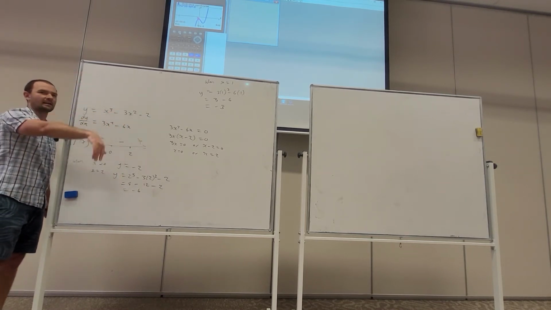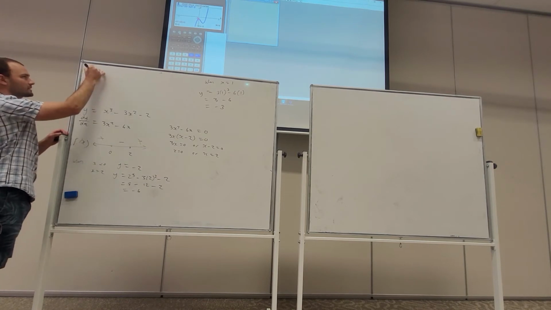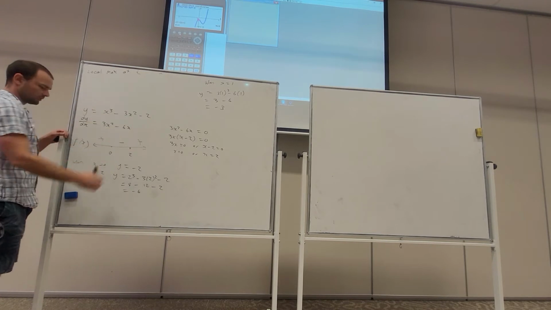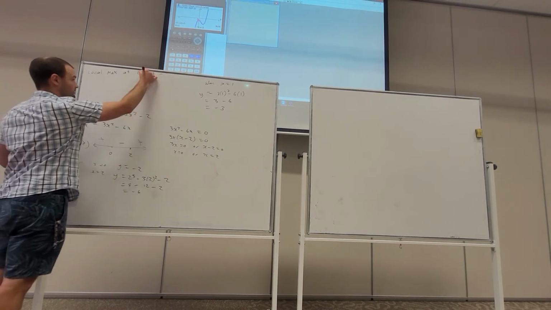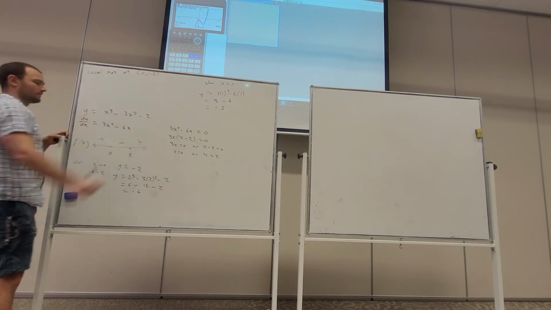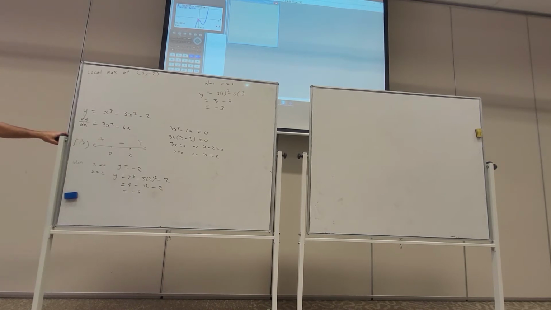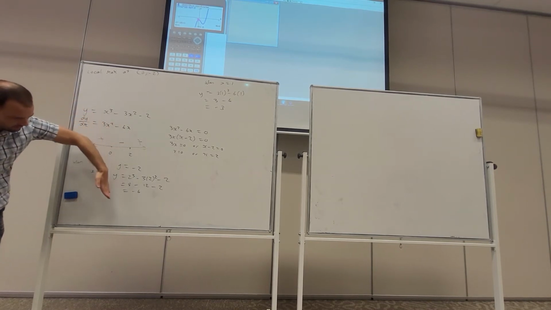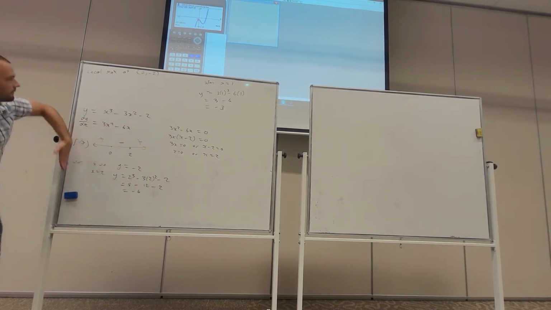We've got a local max. So we're going to say local max at, and we've got the coordinates, x is 0, y is minus 2. And then we can see, between 0 and 2, we're decreasing until it gets to 2, and then increasing, so we have a local min.